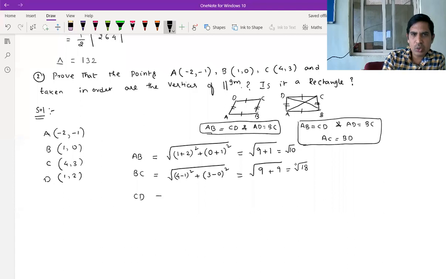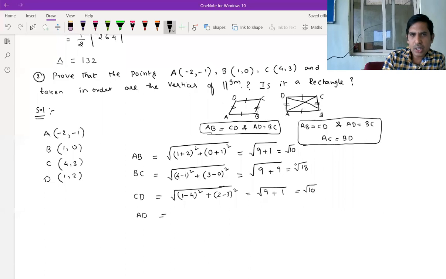CD, again applying the distance formula: (1 minus 4) whole square plus (2 minus 3) whole square. 1 minus 4 is minus 3, whole square is 9. 2 minus 3 is minus 1, whole square is 1. Therefore we get root 10.